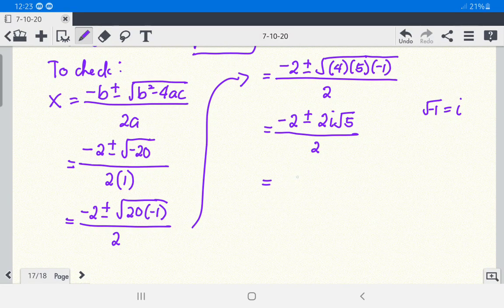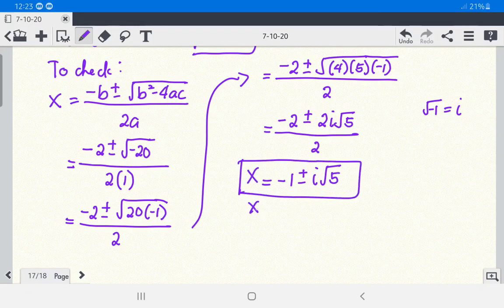So we can now cancel 2. Then we have negative 1 plus or minus i square root of 5. So this is now the value of x. The first root is negative 1 plus i square root of 5. Then the second root is negative 1 minus i square root of 5. That's it.